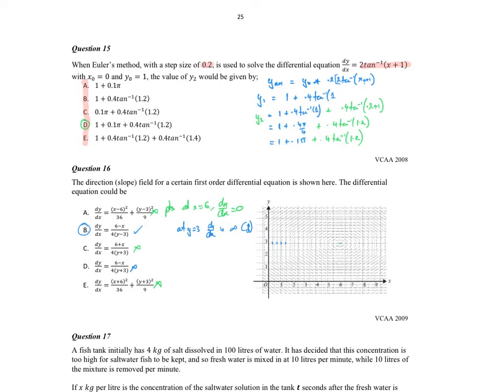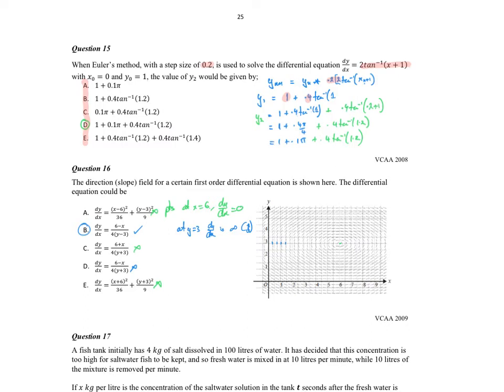So y1 is equal to y0 plus h times dy dx, so 0.2 times 2 tan inverse of xn plus 1. So 0.2 times 2 is my 0.4. If I put xn in there, which is x0, I get tan inverse of 1. So I get 1 plus 0.4 times tan inverse of 1. That's y1. All right.